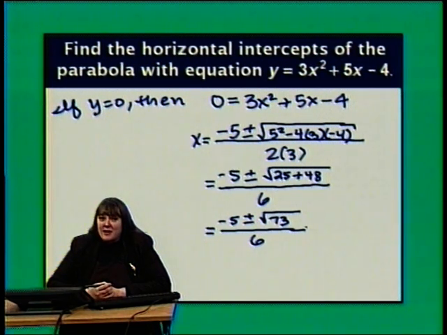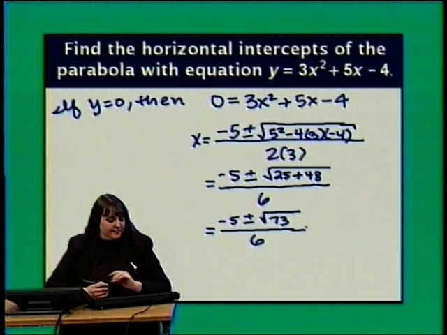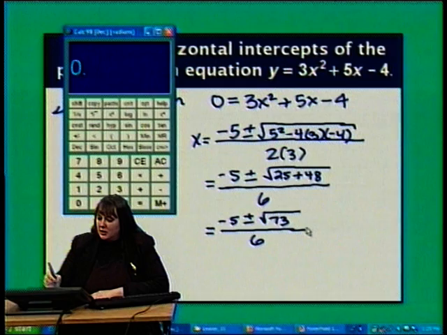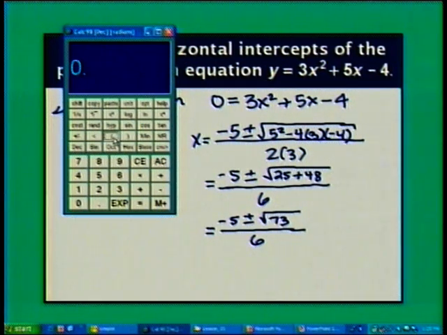If I want to verify this on the graph, though, I need an idea of where these numbers lie. So I'm going to get a decimal approximation for these two x values using the calculator. So first I have negative 5 plus the square root of 73 divided by 6.